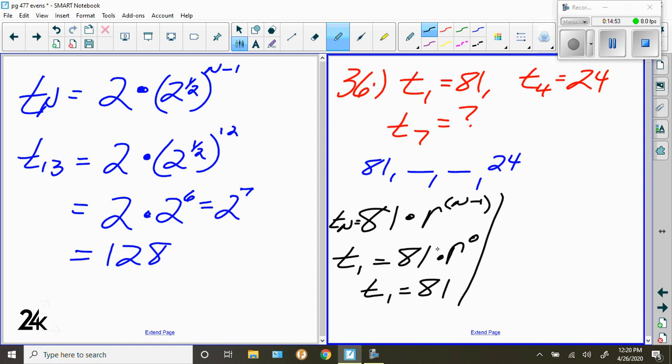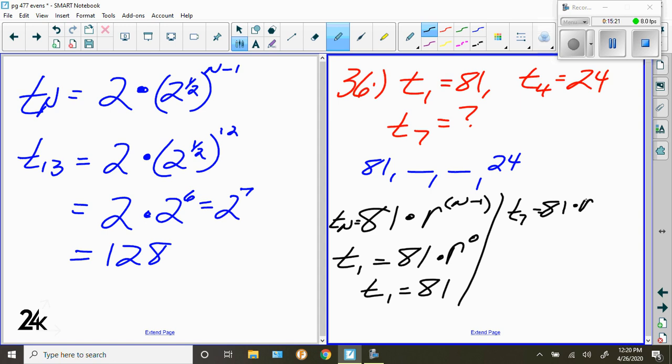Okay, so I didn't need to do that. If I want to figure out the seventh term, I don't think I care about the fourth term. Maybe I do. Let's find out. The seventh term is going to be the first term, 81, times r.